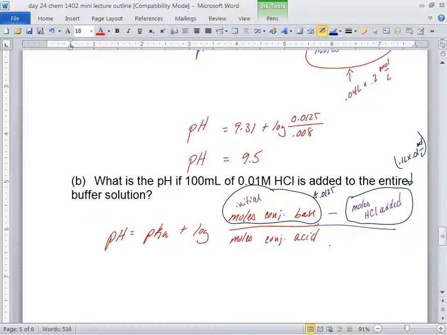Because up on the top we took, okay, here's our initial moles of conjugate base, and it has to decrease by the moles of HCl that we added. Okay, the denominator, the moles of conjugate acid, has to increase. So we better write a what sign? A plus sign. Keep going, you're on the right track here. Plus, how much? Whatever we got right here, right? The moles of that strong acid, plus the moles of HCl added.